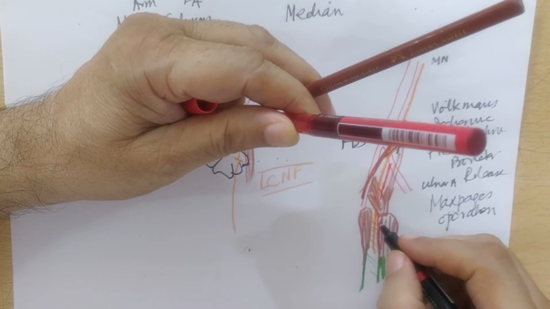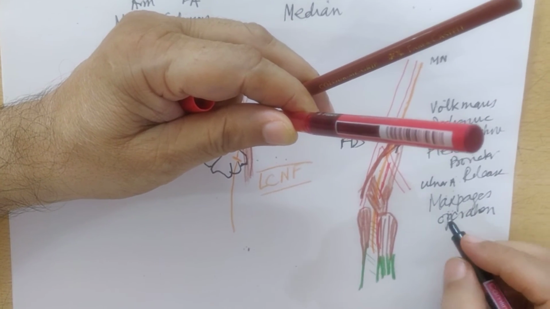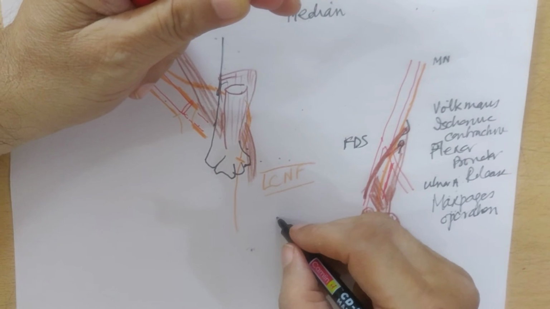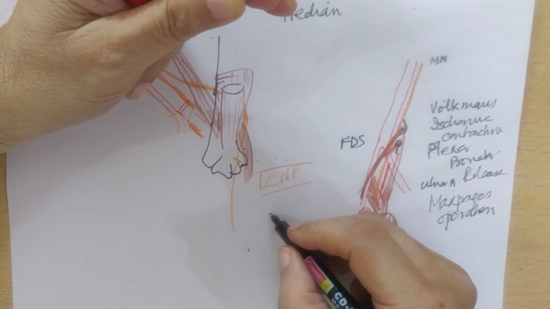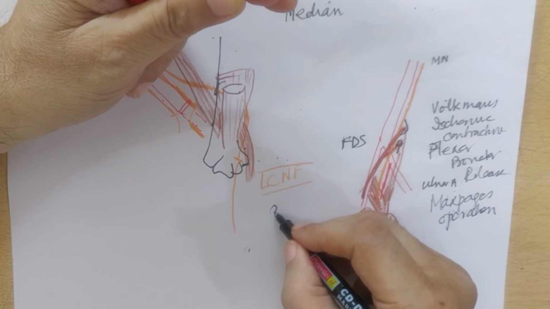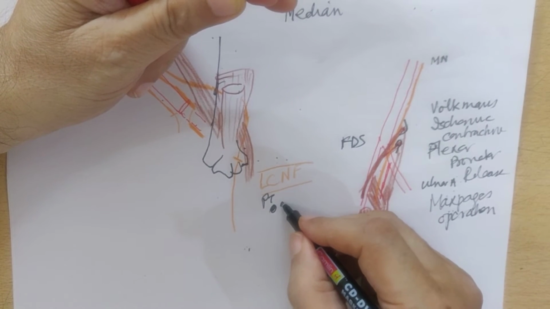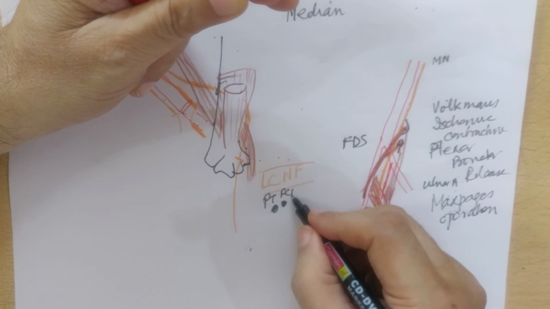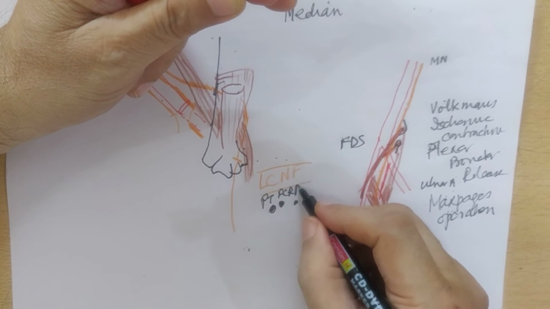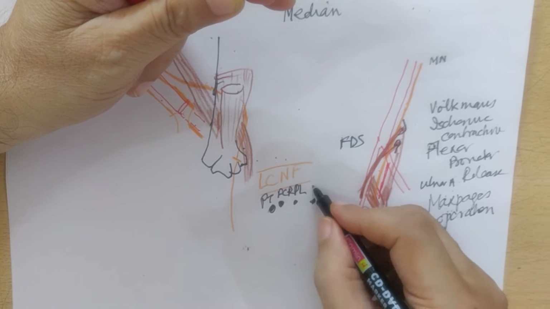The median nerve supplies all the muscles of the forearm. And what are all the muscles? Superficial most, pronator teres, flexor carpi radialis, palmaris longus, and flexor carpi ulnaris.